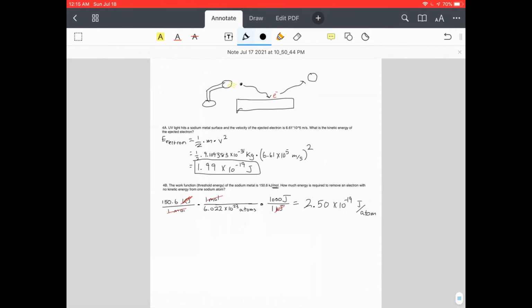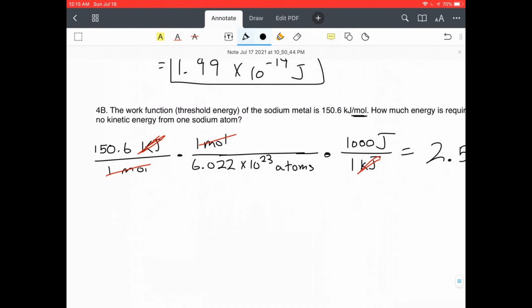And now we just need to figure out how much energy is needed in a photon to kick out an electron without any kinetic energy. So if you recall, there is an equation that says the energy of the photon minus the energy of the work function, or the threshold energy, so let me write that down, threshold, is equal to the kinetic energy of the electron.